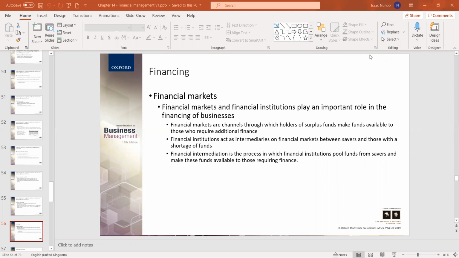Then we have the institutions, which are the intermediaries. These are the banks and other places where we transfer the available funds made by the markets to the respective people. Financial intermediation is the process through which financial institutions pull funds from savers and make them available to those who require the finance.